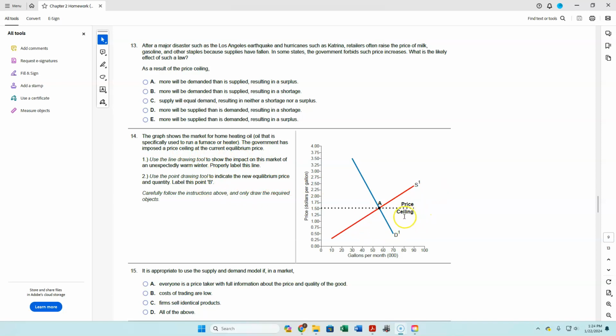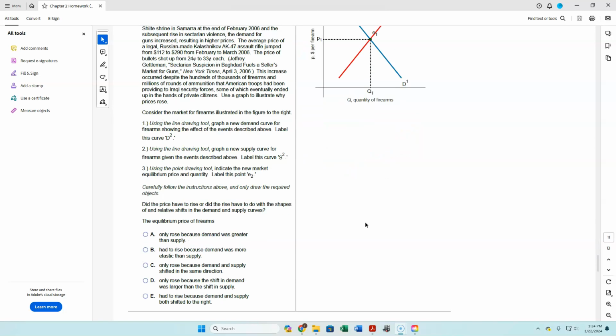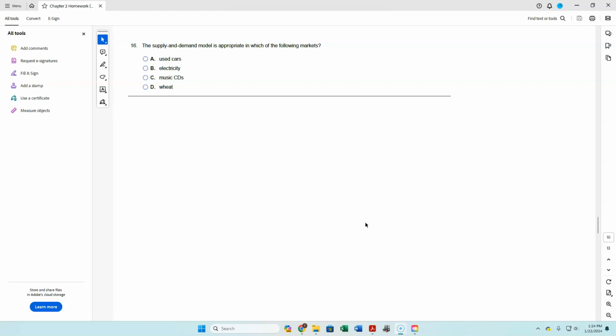So now we have less demand, which means, right as you're drawing this out, that the price ceiling is not going to be meaningful anymore. And 15 again should hopefully just be definitional, as should 16.